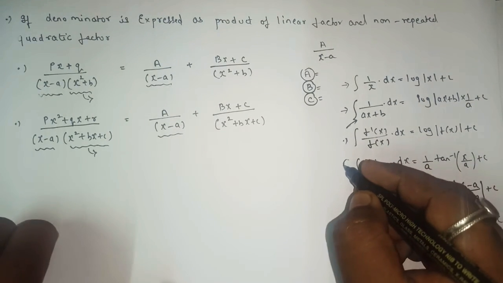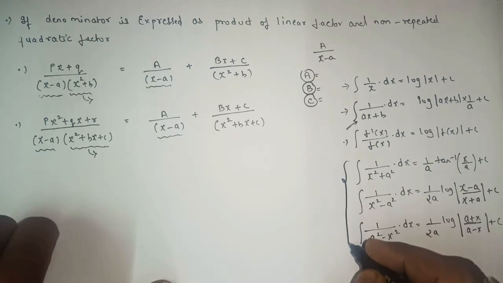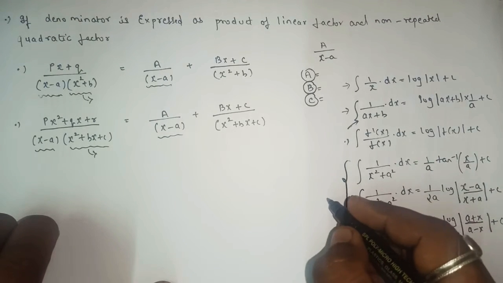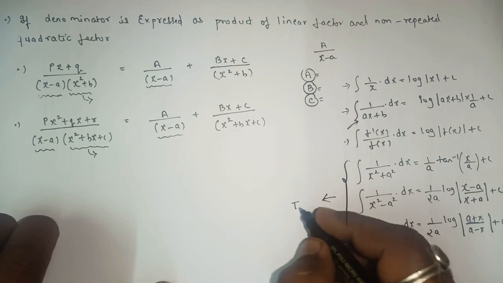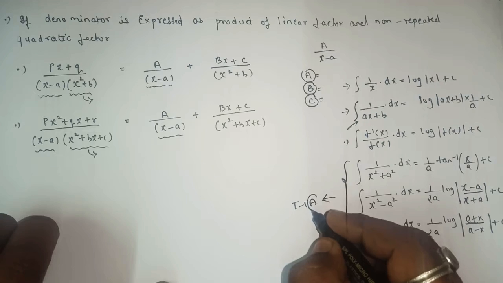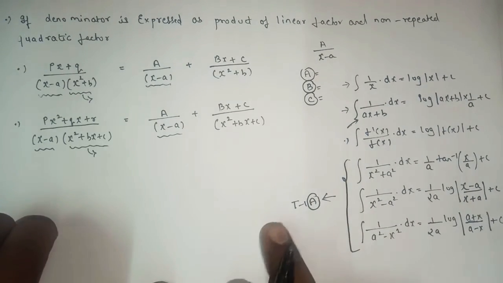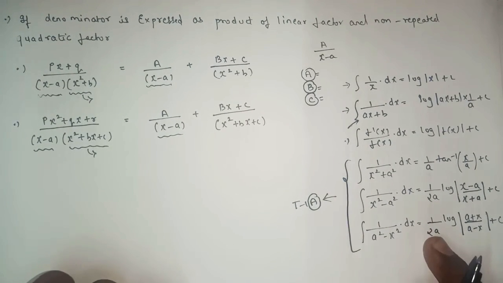or else it will get converted into these three formulas, which we know are from type number 1a. As I told you in many exercises, type number 1a plays an important role.